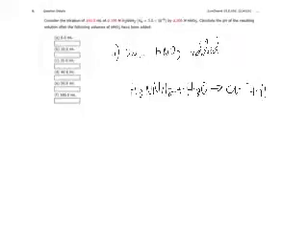In this case, it's just a weak base problem, just like we had done in chapter 14. We'll write a base dissociation equation, and we'll set up an ice table showing how the weak base protonates and produces hydroxide in the process.